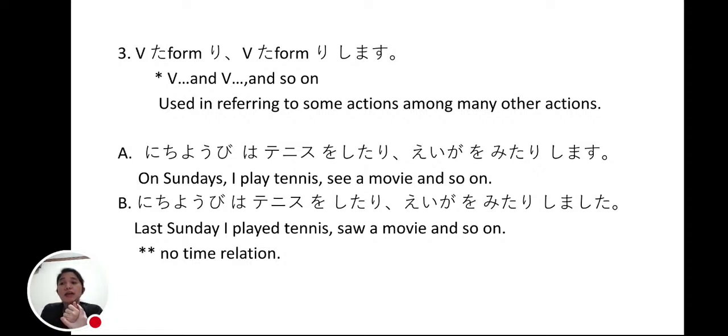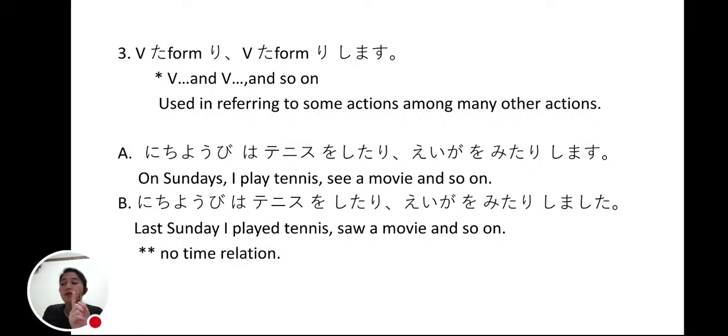In that case, there is a time relation. It is clear that seeing a movie took place after playing tennis. So you did tennis first. You played tennis first, and then after that, you watched a movie.